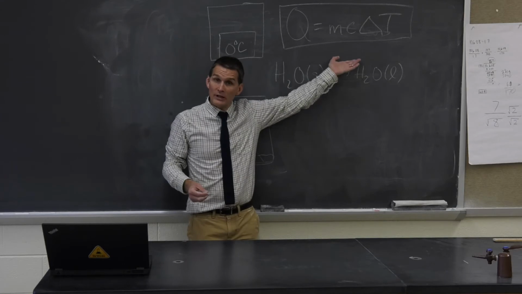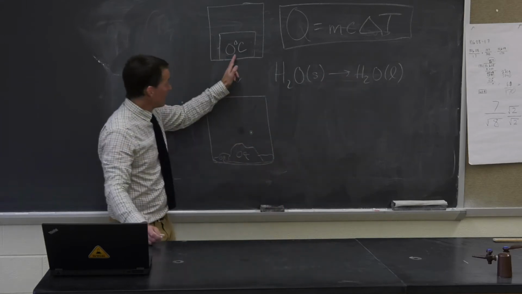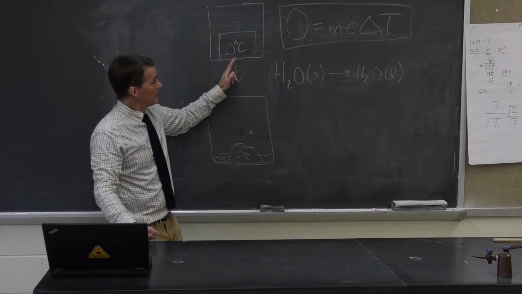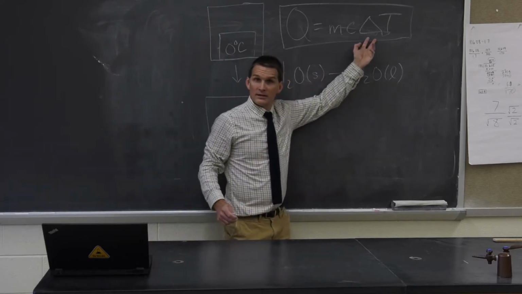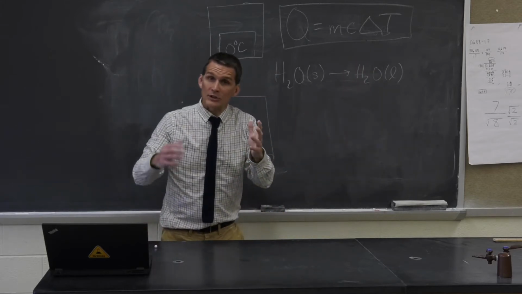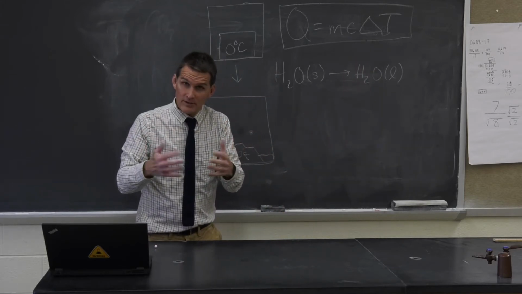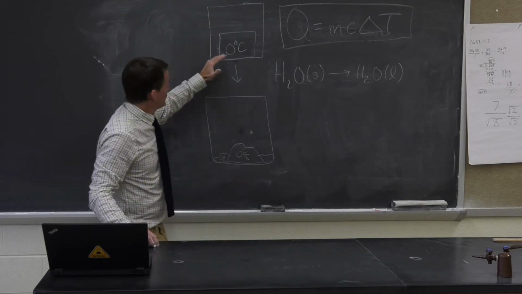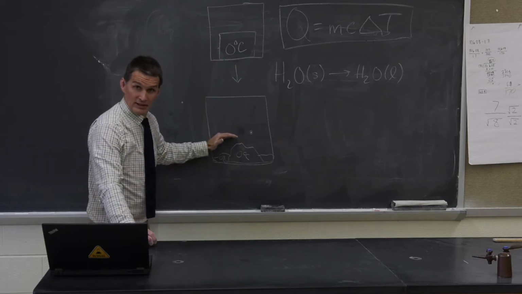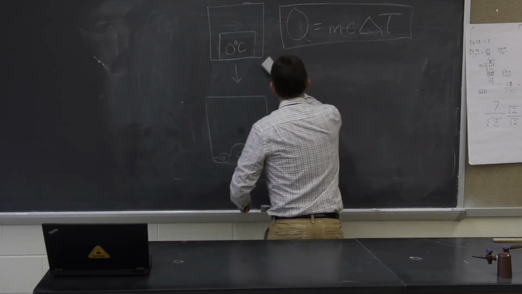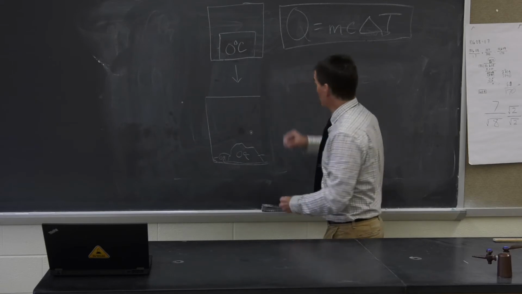So if we use this equation, we'd find that we're giving energy to a system to get it to undergo a phase change, and yet the energy calculated would be 0. That can't be. So we have to use a different equation to find the energy changes that cause phase changes to happen. And it's really simple. It's not difficult at all. You just got to recognize you got to use different equations.